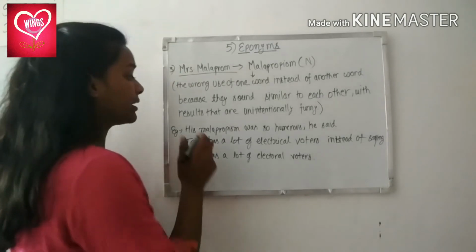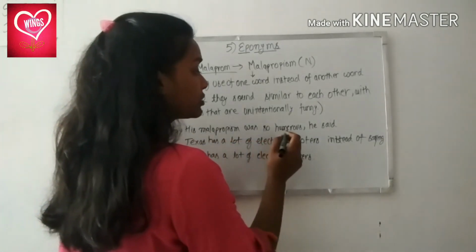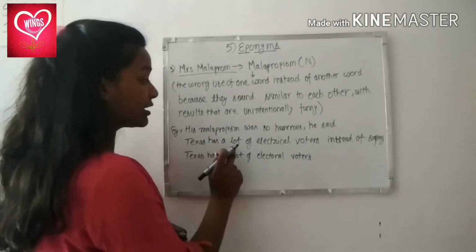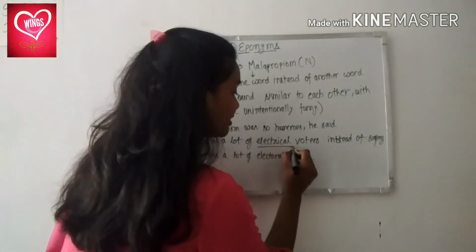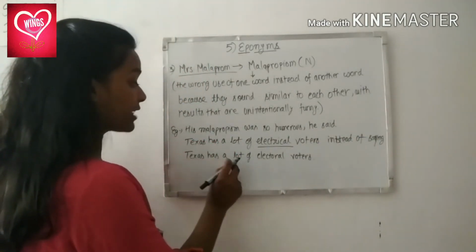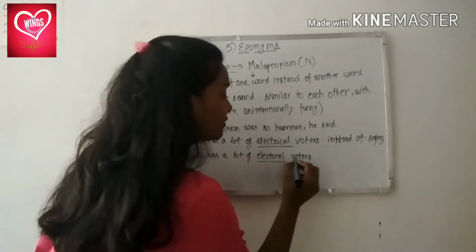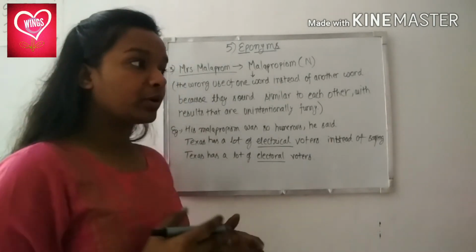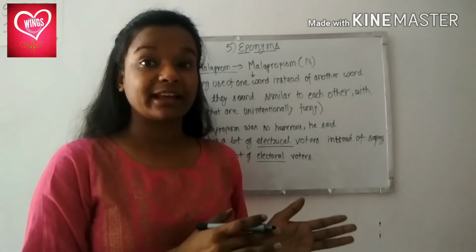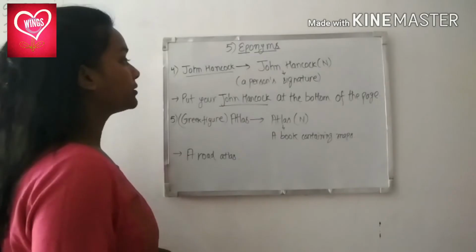For example, his malapropism was so humorous. He said, Texas has a lot of electrical voters, instead of saying, Texas has a lot of electoral voters.